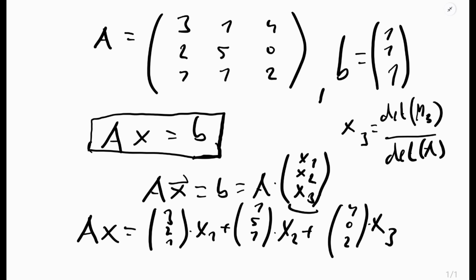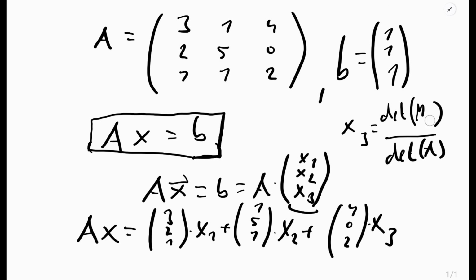And M3 will be a matrix created from, for entry x sub i, the ith entry, in this case the third one, we will replace the column number i in A. And that will create the M sub 3 matrix. So M sub 3 is created from the matrix A by replacing the column number i by b. That is the idea. So when we want M3, we will keep the first two columns intact, and the third column will be replaced by this 1 1 1. So that's the whole idea.